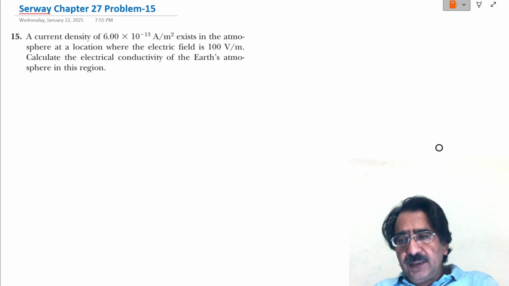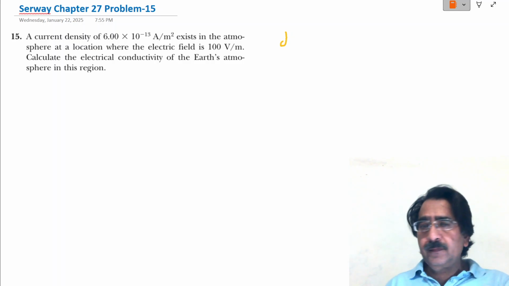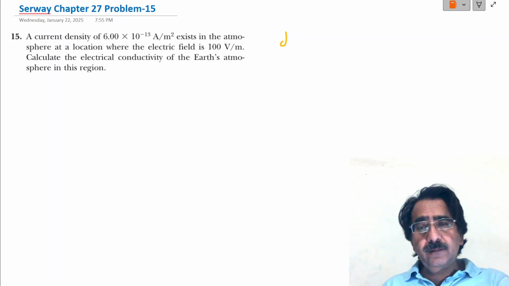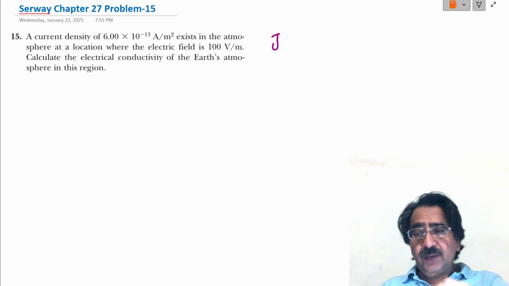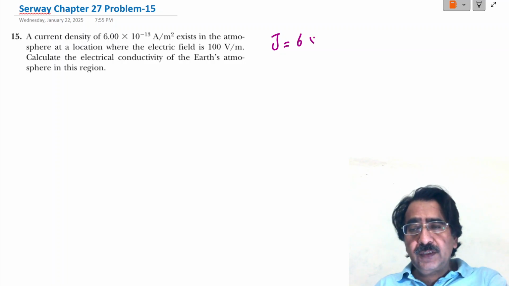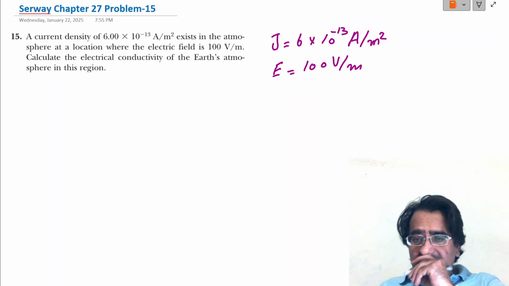The question is: current density J is 6 × 10 raised to power minus 13 ampere per meter square in the atmosphere at a location where the electric field is 100 volt per meter. Calculate the electric conductivity.